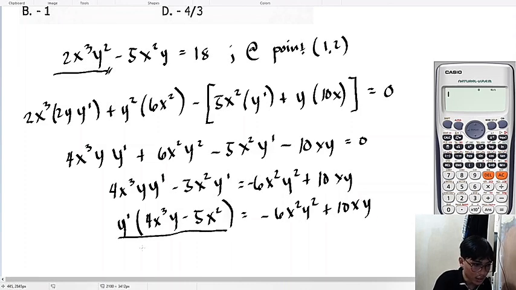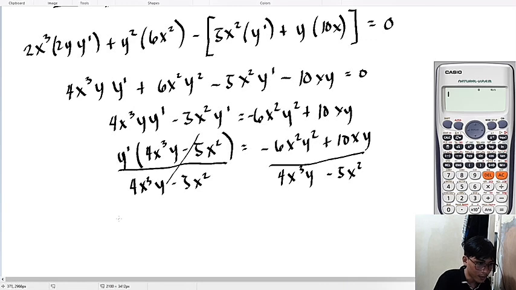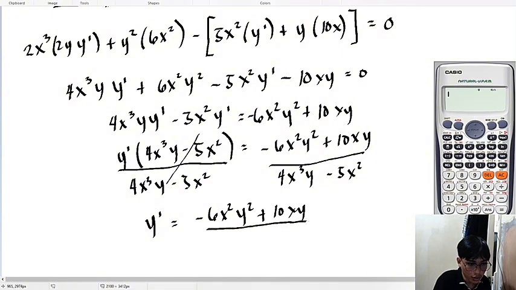So divide both sides by 4x cubed y minus 5x squared, then cancel. So what remains is y prime equals negative 6x squared y squared plus 10xy all over 4x cubed y minus 5x squared.